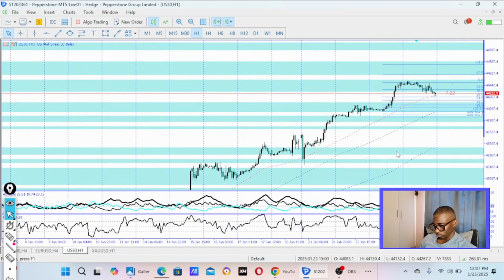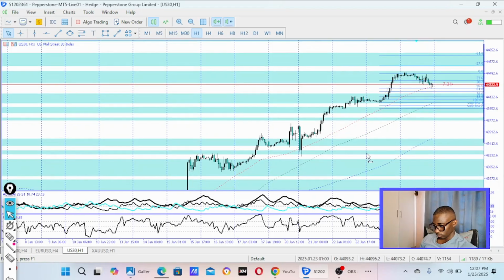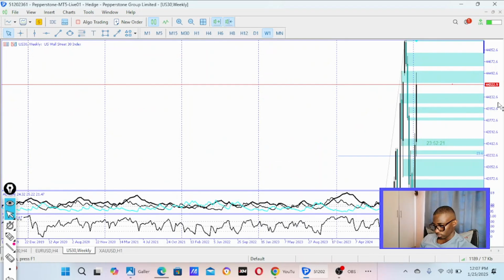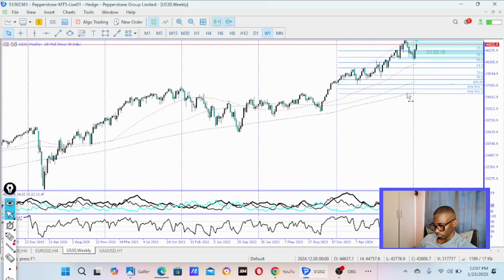So this is the pair that, from this week, there was no setup for me. So let's do an analysis for USDT for this week.